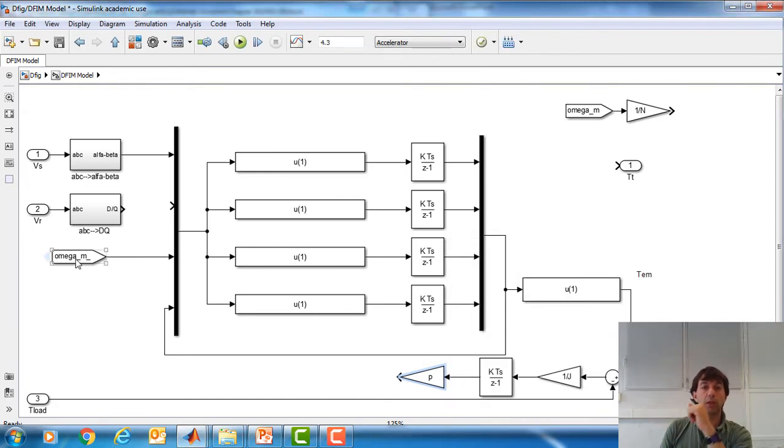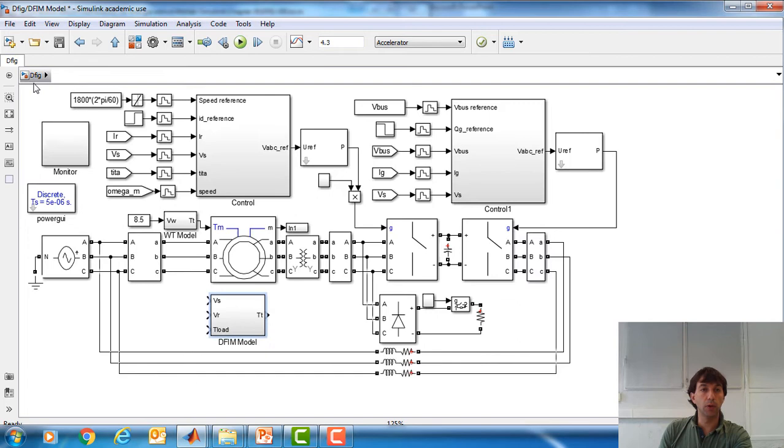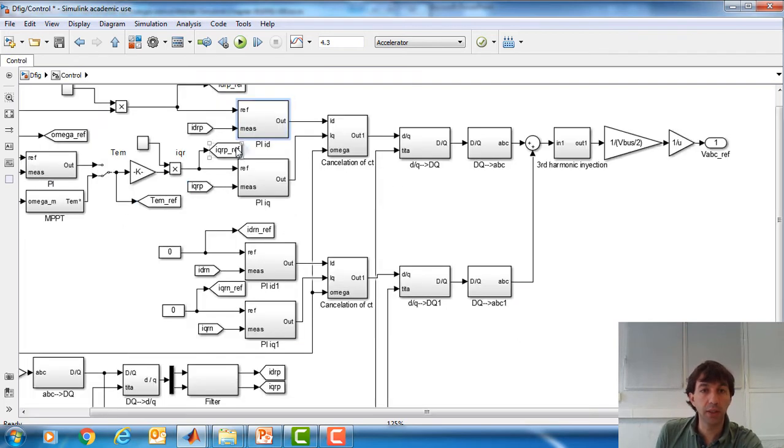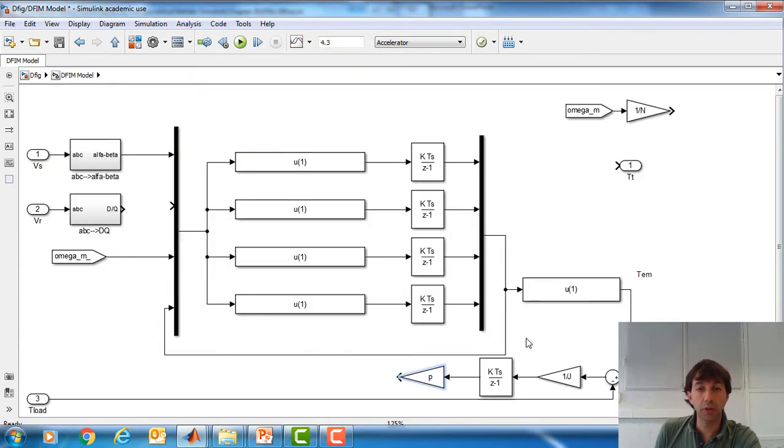And this will be this omega. So now we need to go to, let's find it here. We copy it from there, and that will be, if I'm not wrong, omega m.